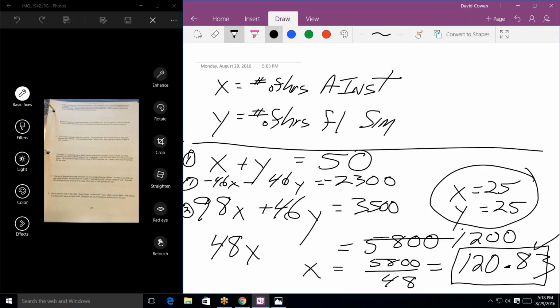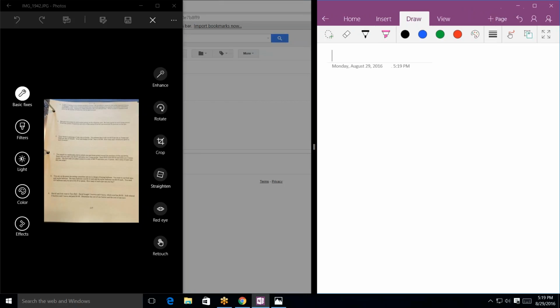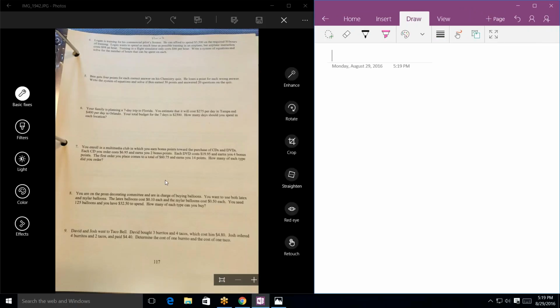You can't possibly do 120 hours of flight instruction. So if you're doing a test and you get an answer like that, it frequently has a red flag that tells you you need to go back and check your work. And that's what we did, and at least you found the mistake. That's for sure an excellent lesson on how a math problem should unfold.